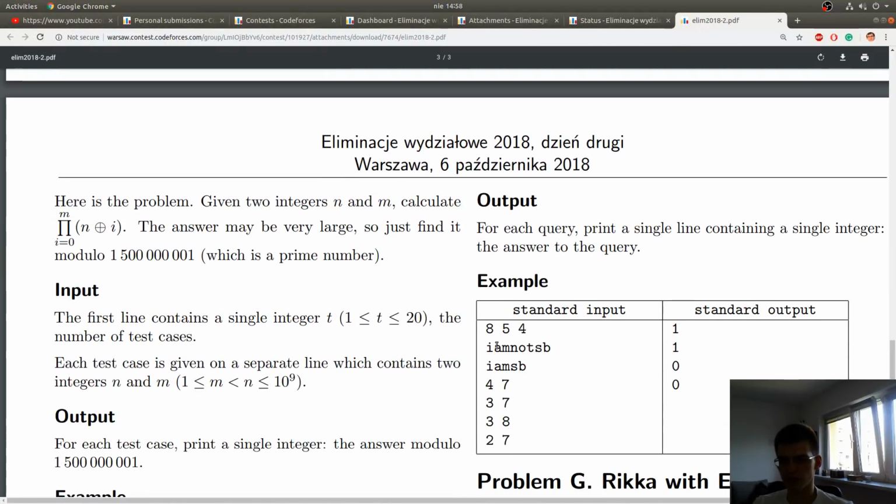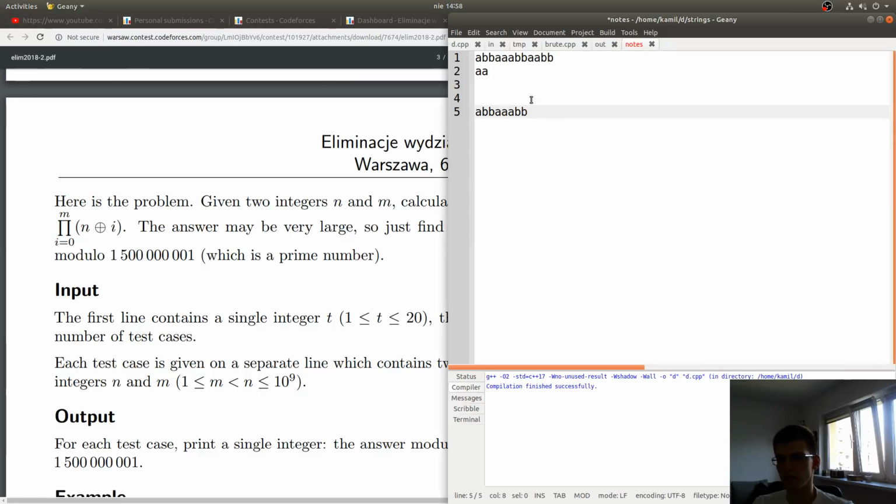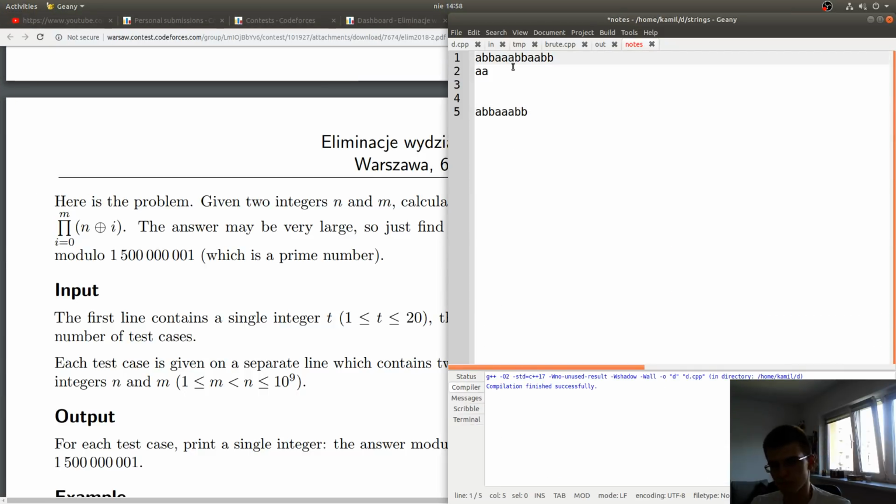Let's say that in a query we choose some prefix up to this point and some suffix starting from this point. So here there would be 6 times 3 possibilities, so 18. And we wonder what is the number of occurrences of AA in each of them.